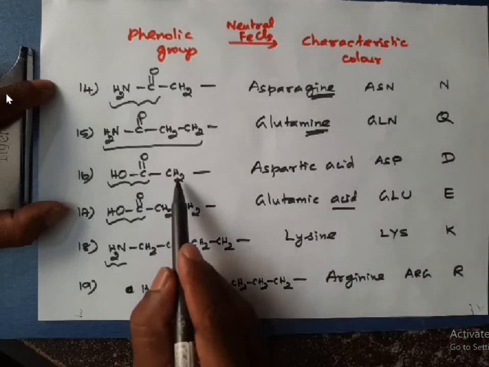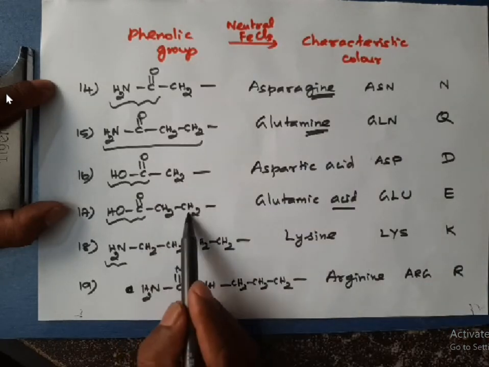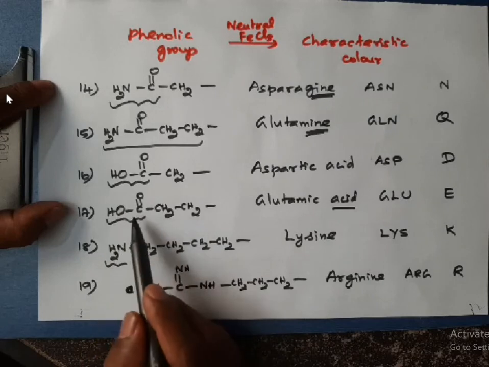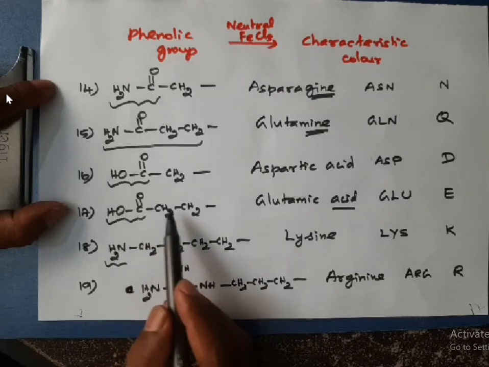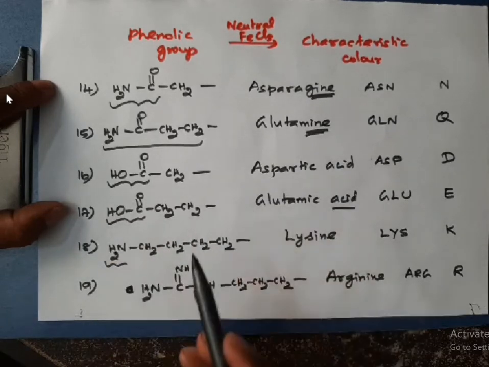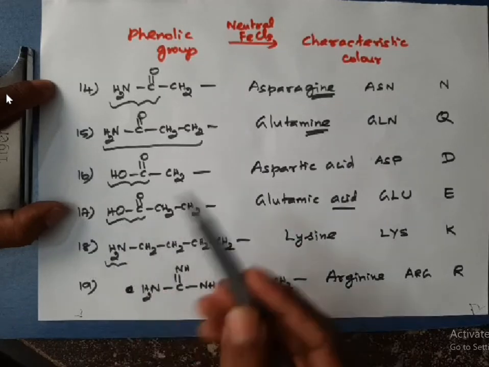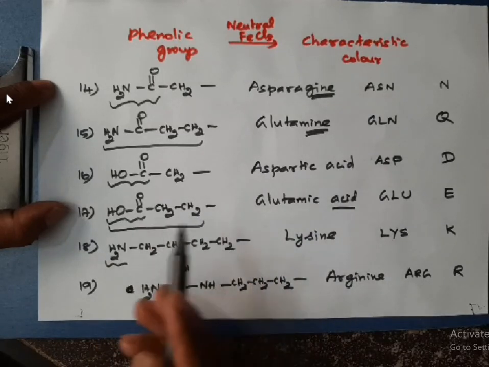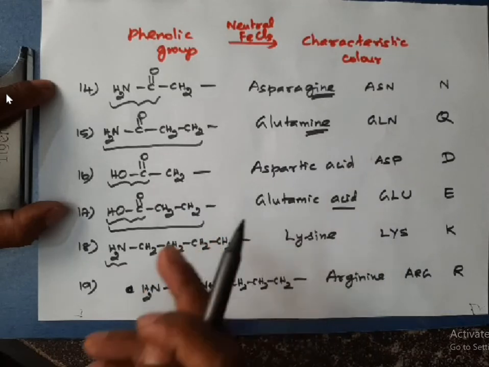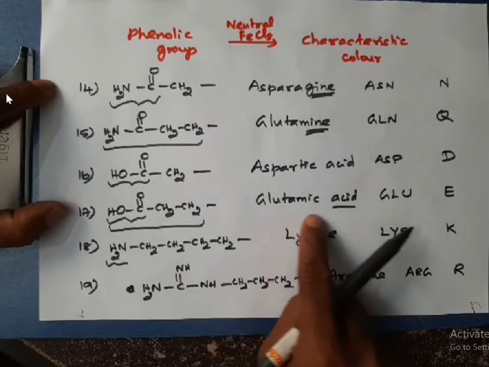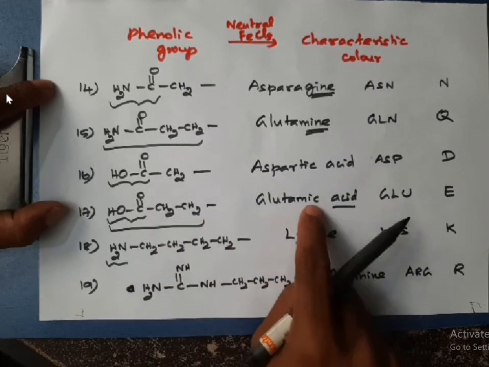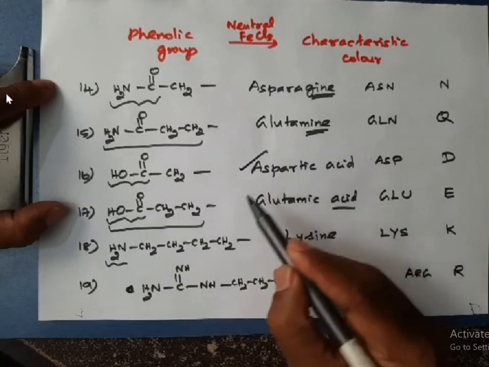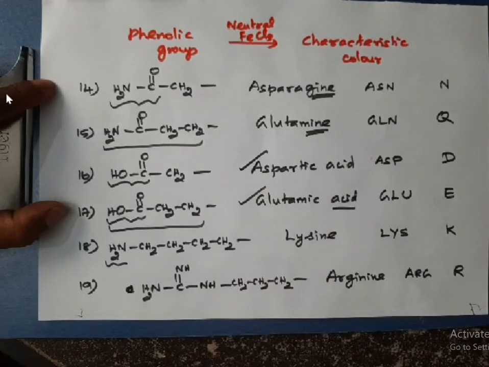Then, if I add one more CH2 here, I'll get CH2CH2COOH. This is also an amino acid containing two carboxylic acid groups. If this group acts as the R group, we'll get what is called glutamic acid. Glutamic acid, like aspartic acid, also contains two carboxylic acid groups.